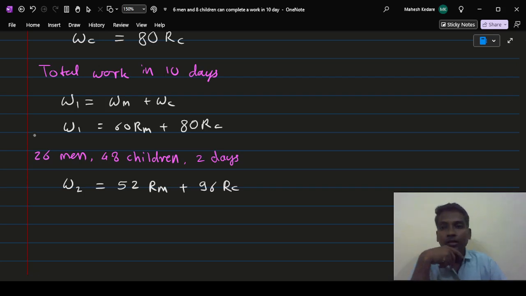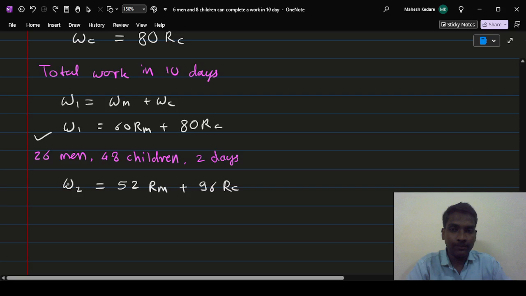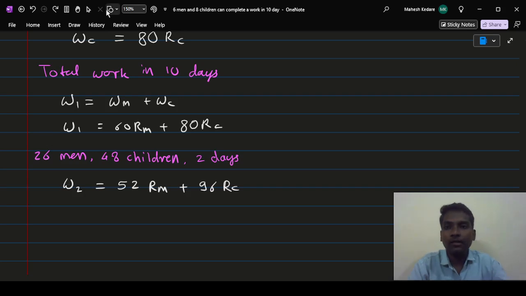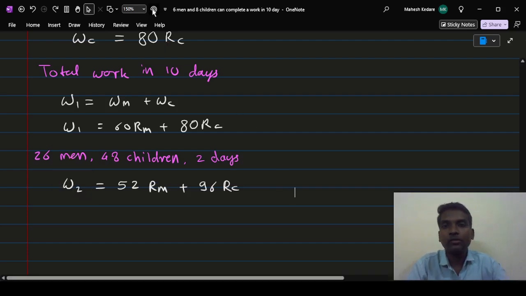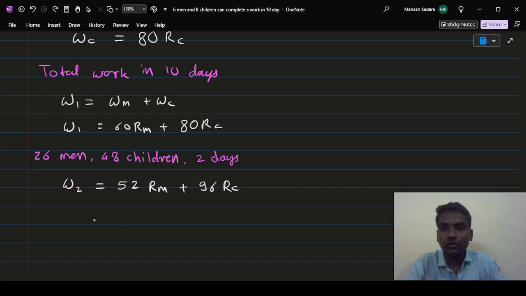Now, work done W1 and W2 are the same, just the number of men and children differ. Work done W1 represents work done by 6 men and 8 children, while W2 represents the same work done by 26 men and 48 children. So these two amounts of work are equal.